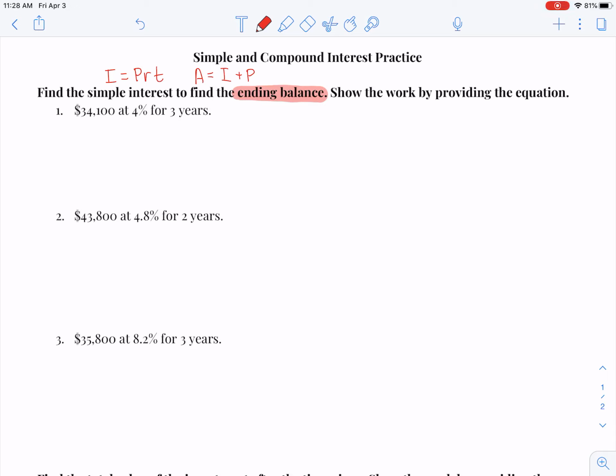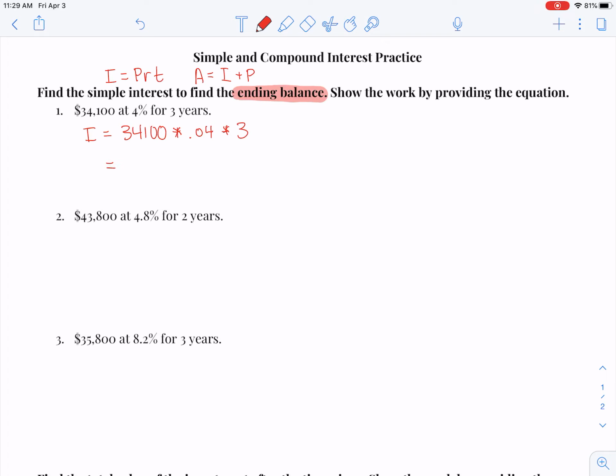Number 1, it says $34,100 at 4% for 3 years. And because this is simple interest, we're just going to plug in our numbers. 34,100 would be the principal times the rate would be 4%, but in decimal form would be 0.04 times 3 years.